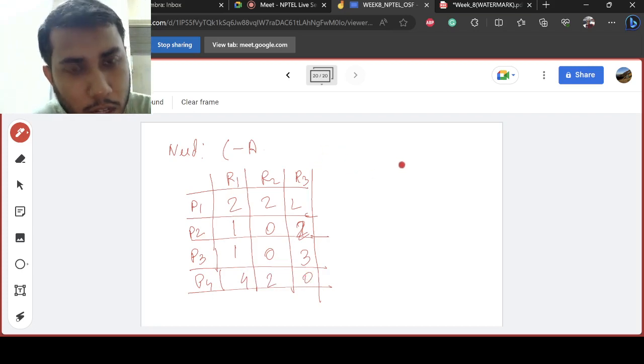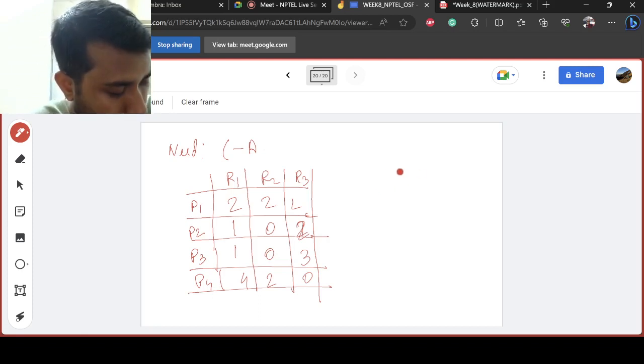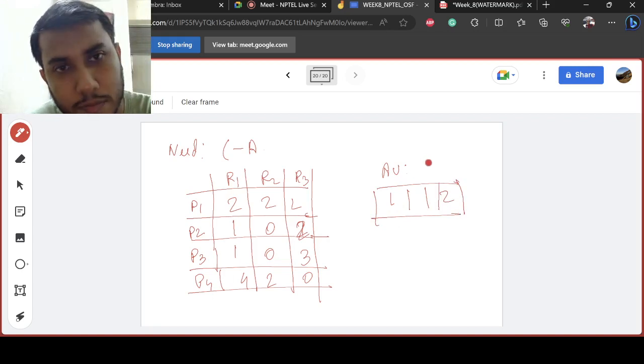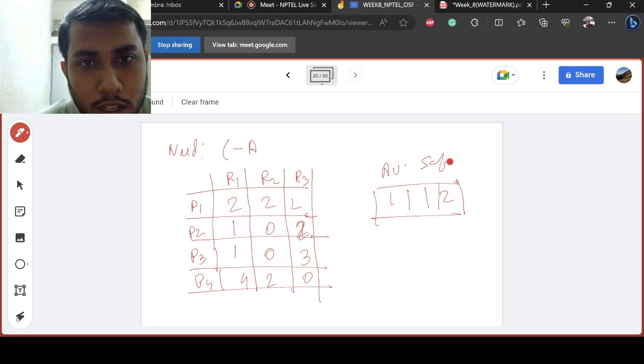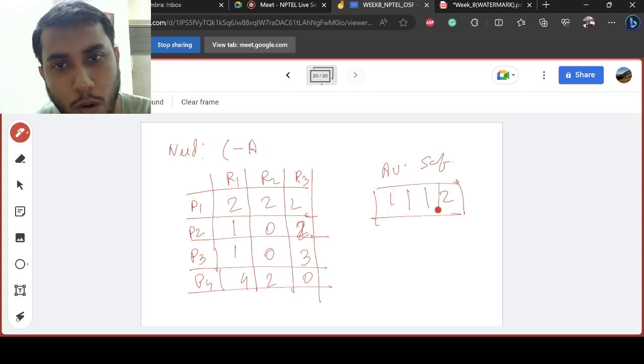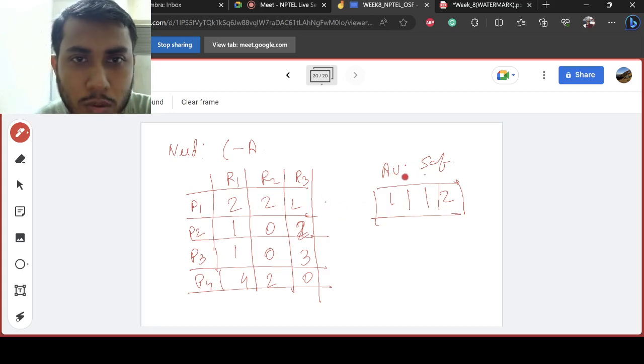Now you have been given the available vector as 1 1 2. You need to find out whether this is in a safe state or not. If you look at the need, does any of them run to completion? P2 requires 2 units of R2, and none of them has that.